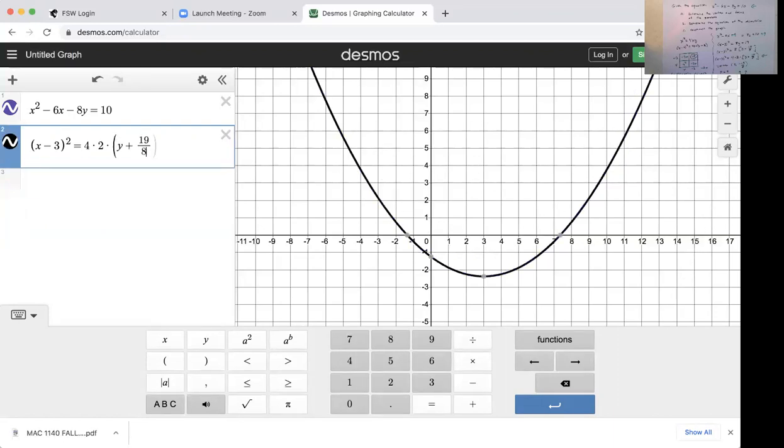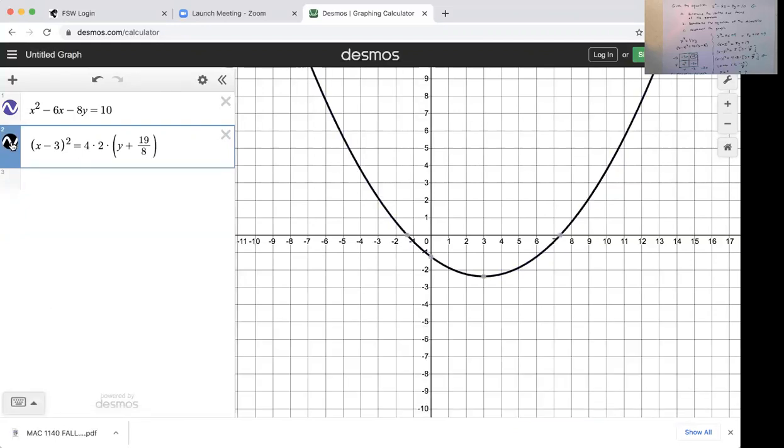And it looks like that landed directly on top of the other one. So here was the original in purple, and here was the second version that I came up with. So I feel pretty good about that.